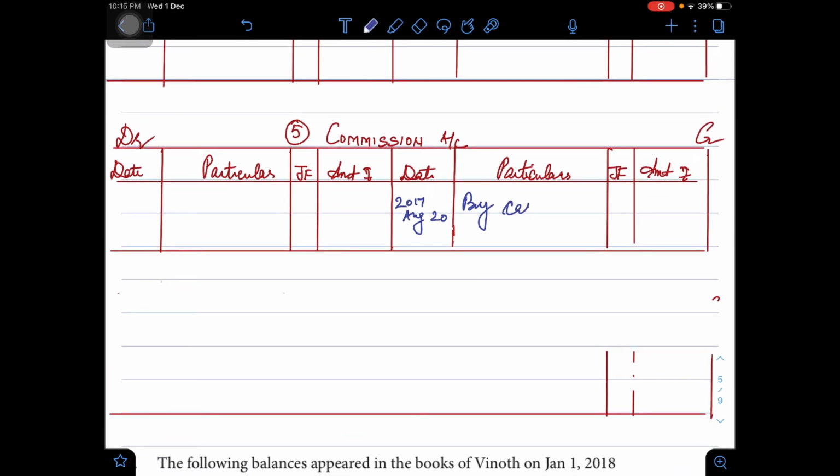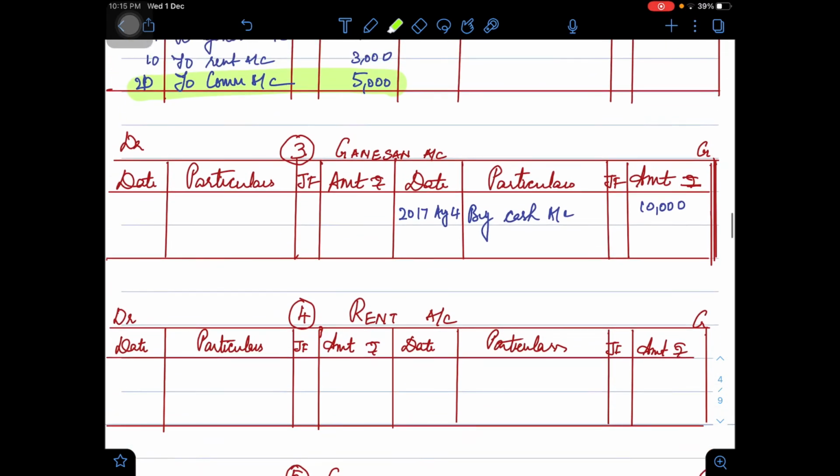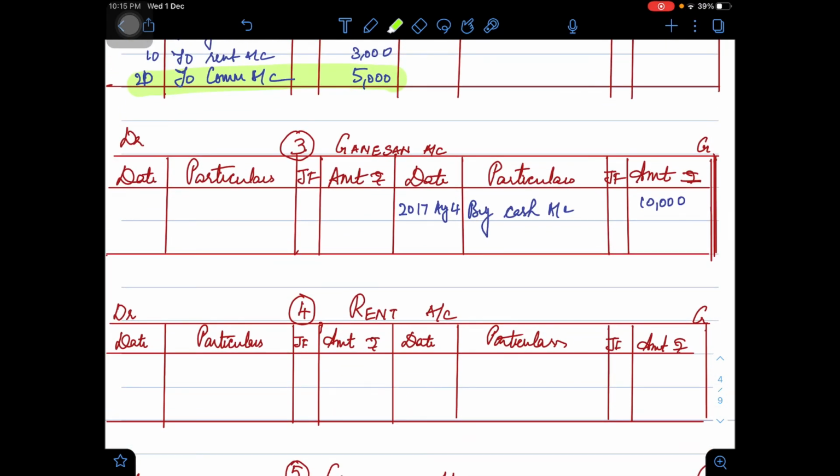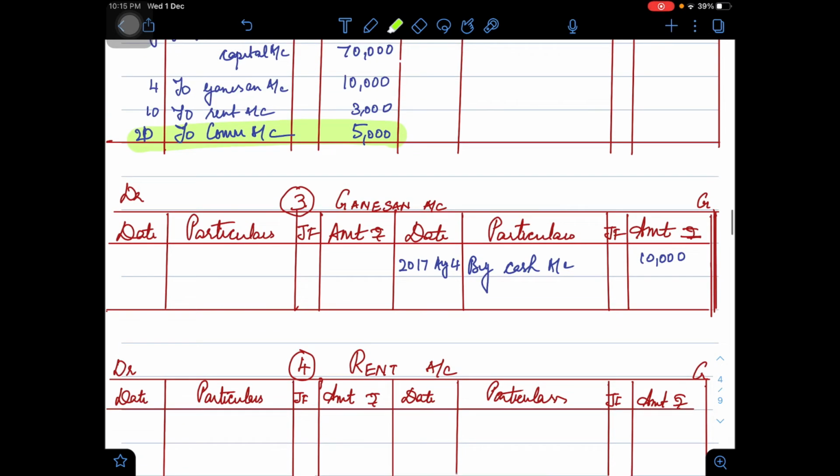By cash account rupees 5000. So you can see how it is appearing. This is how it will be coming. Able to follow? And just a minute, in rent I just forgot to show you. Let me just show you that also. This part, let me just show you this.